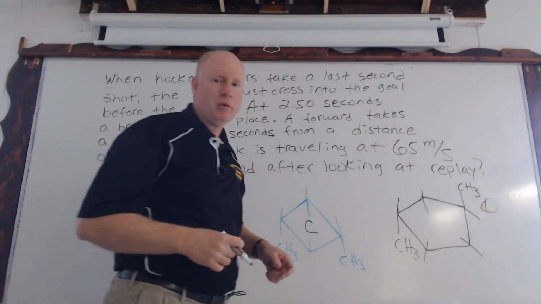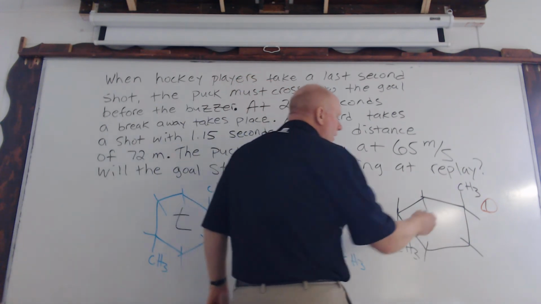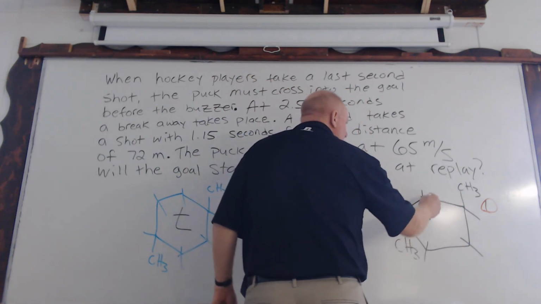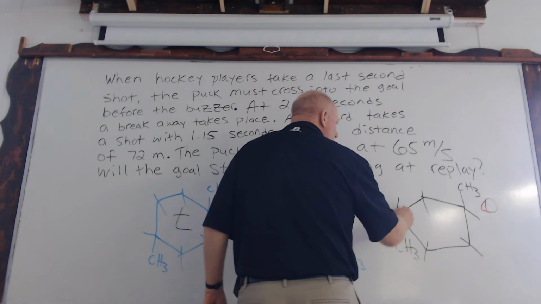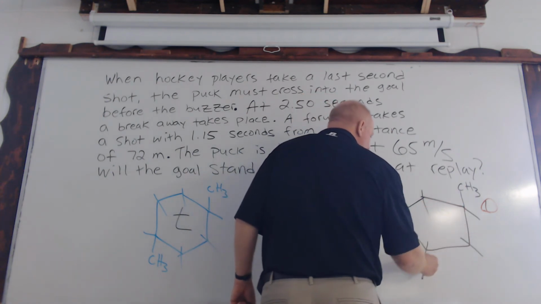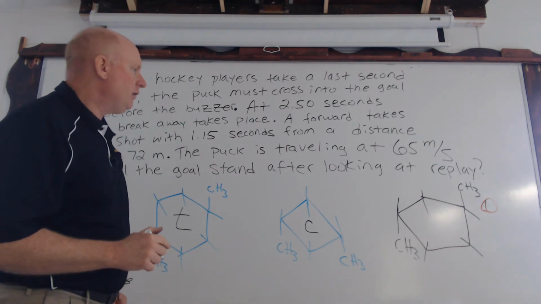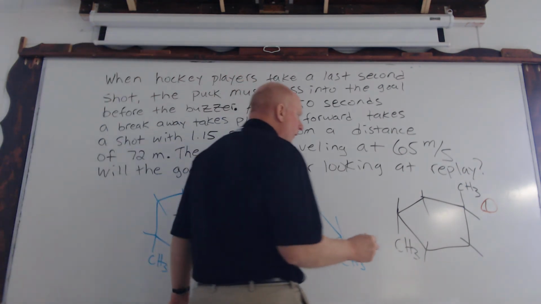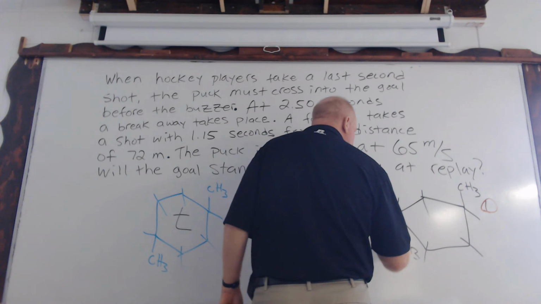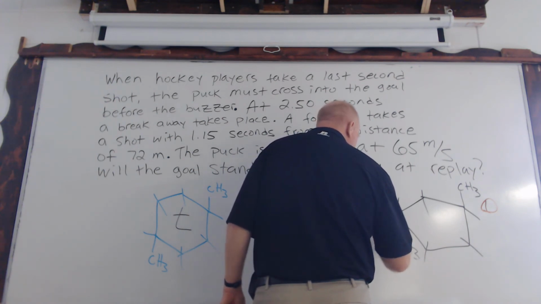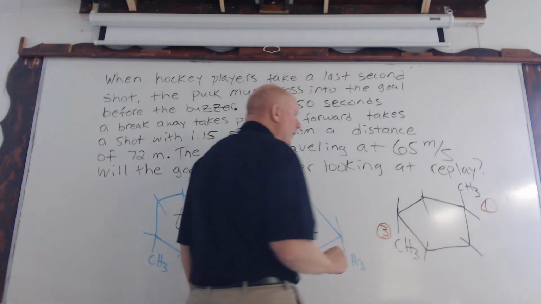So are we going to go counterclockwise, 2, 3, or 2, 3, and 4? One of the things to keep in mind, we want the lower number, so therefore this one is actually on the third carbon.